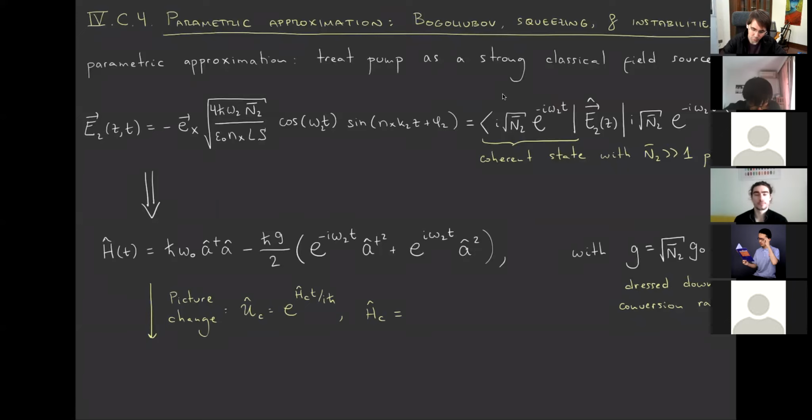So in order to remove this oscillation at frequency omega 2, because we have here A square, what we need to do is use as the Hamiltonian of the change of picture just one that is at half the frequency that we want to remove.